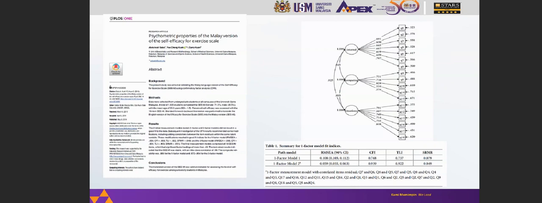I have no paper on CFA. I'm not an expert for SEM. So this is an example of Dr. Erica and Dr. Kuih's paper on CFA analysis. As you can see here, this is the value of the model fit indices. Okay, so you can check later if you're interested.